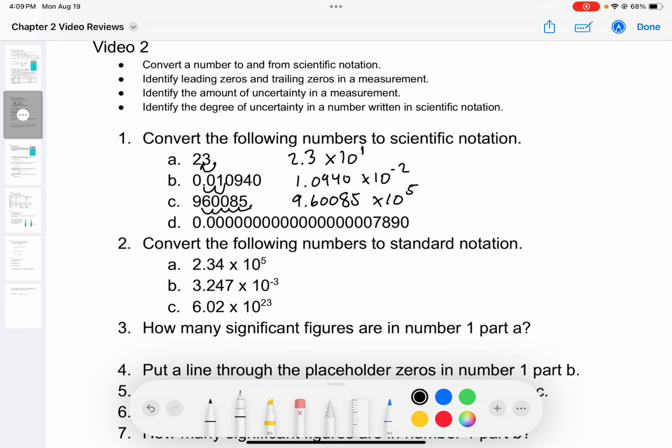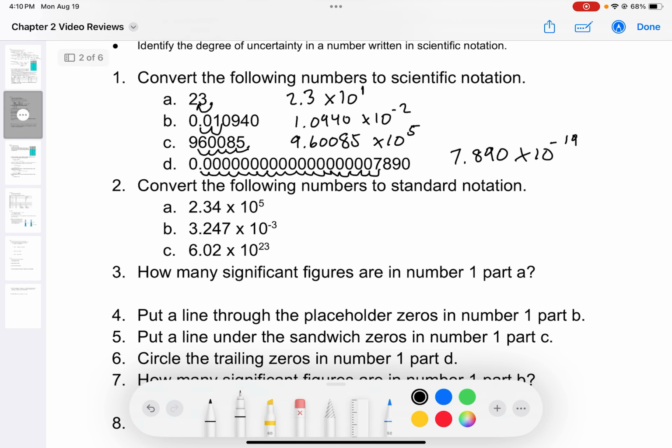This last one, oh man, that's a tiny number, but let's count these decimal places. 1, 2, 13, 14, 15, 16, 17, 18, 19 spots. So this is going to be 7.890 times 10 to the negative 19. There are those 4 numbers converted to scientific notation.